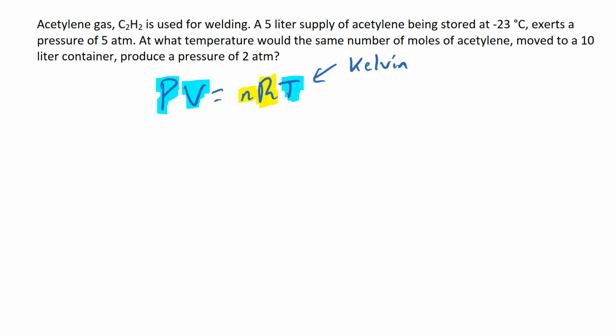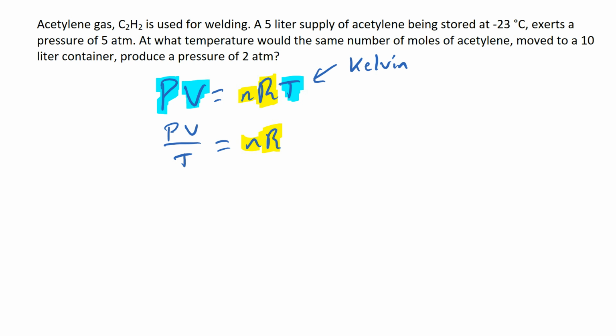So here's how I'm going to solve this. I'm going to start by moving all of the things that will change over to one side of the equation. So divide both sides of the equation by T, and this gives you PV divided by T equals nR. Now everything on the right side of the equation is constant, and that's exactly how it should be.